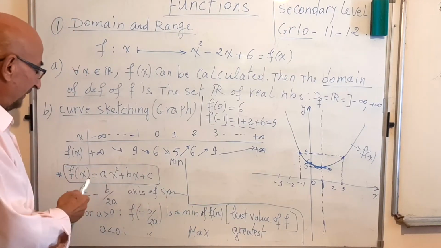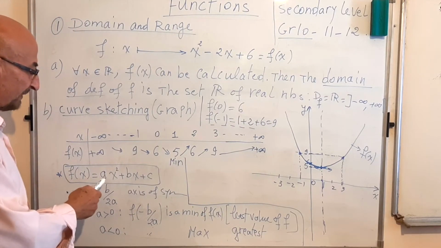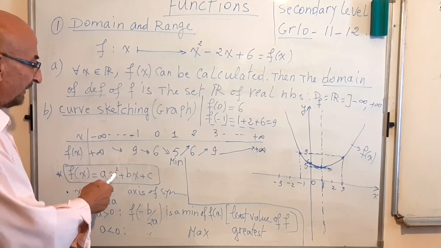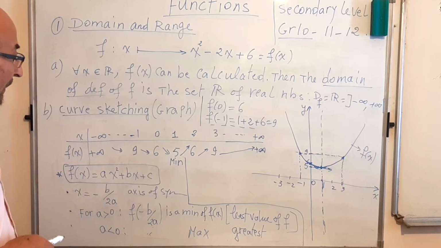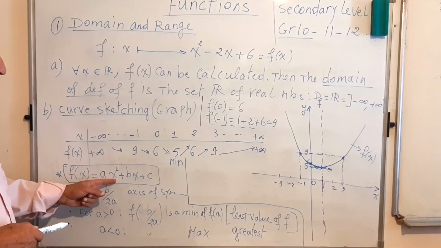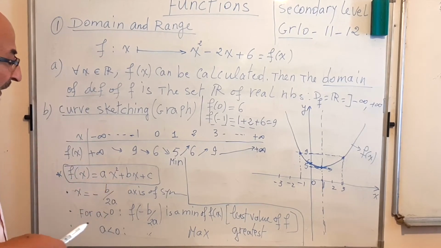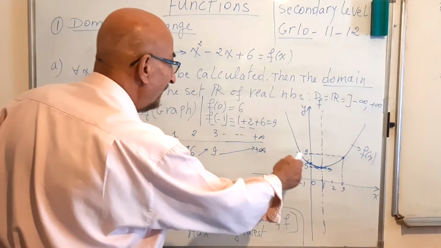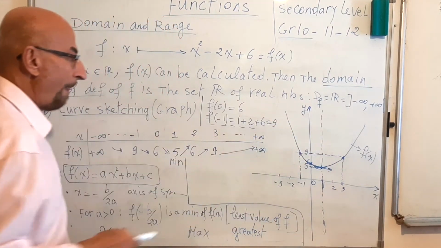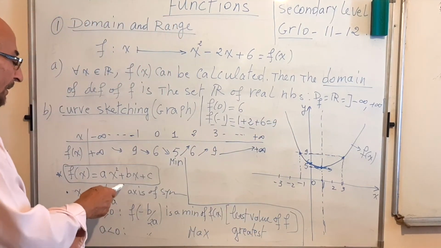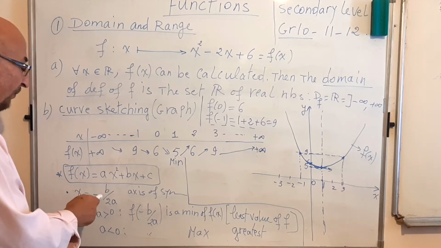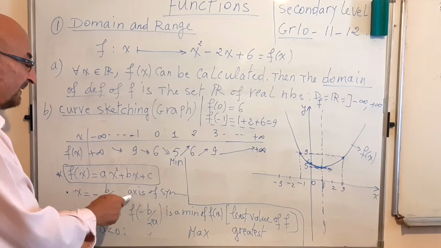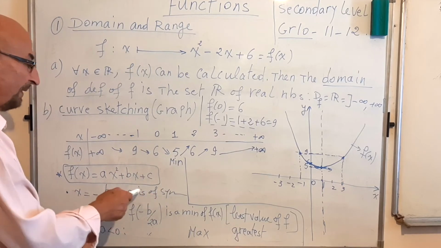In general, if f of x equals ax² plus bx plus c, the graph has the form of a parabola, with x equals minus b over 2a as an axis of symmetry.